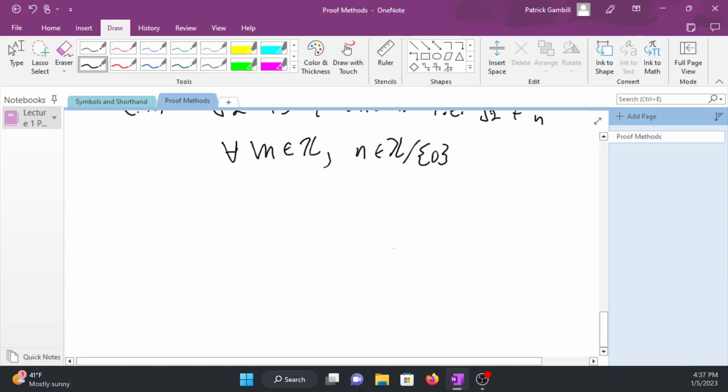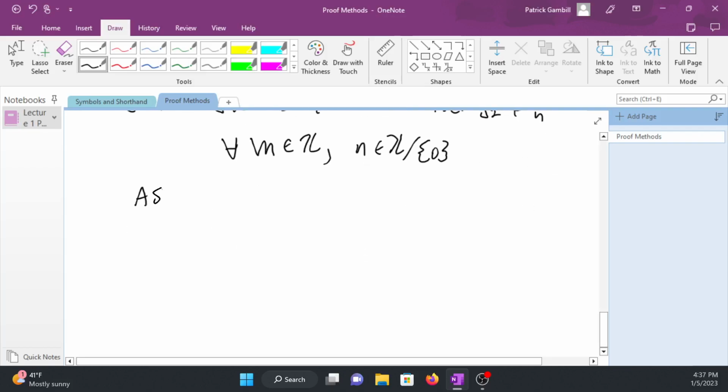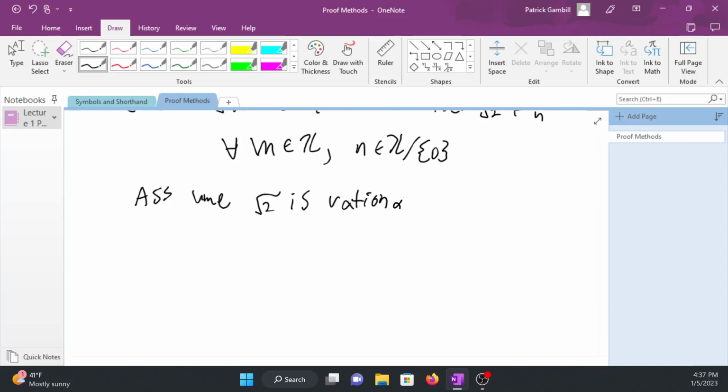So what you might do is you might say, well, assume square root of 2 is rational. This implies square root of 2 equals m divided by n for some m that's an integer, and for some n that is a non-zero integer.